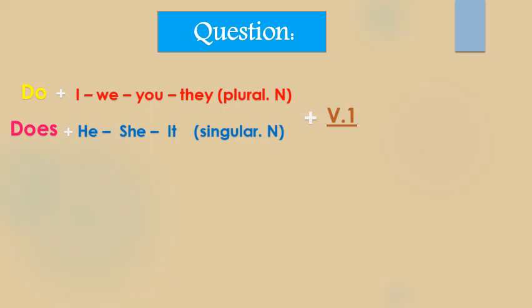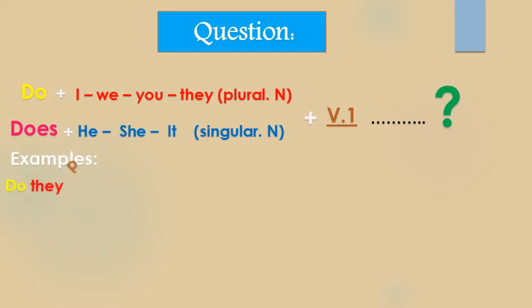Okay guys, please note, just we add verb 1, without s or es, whether it is singular or plural. Then we complete the sentence and here we put the question mark.